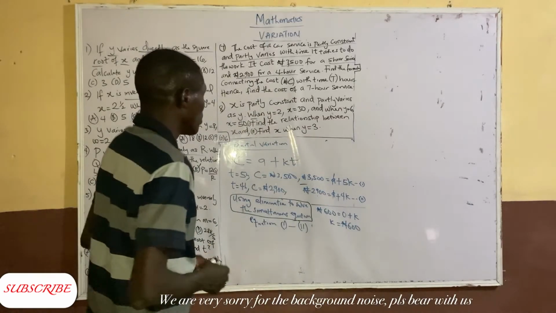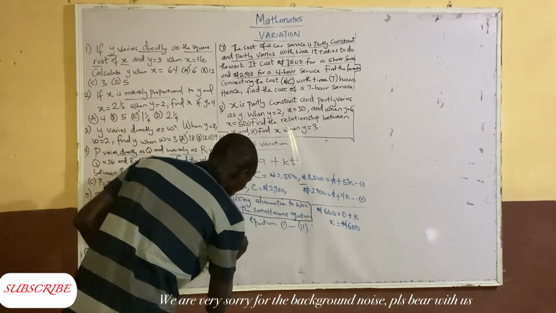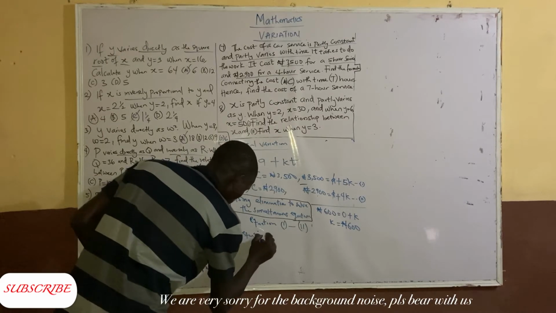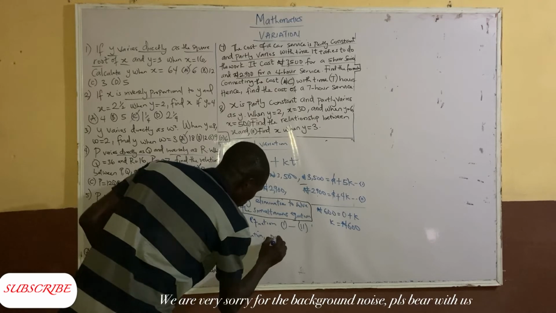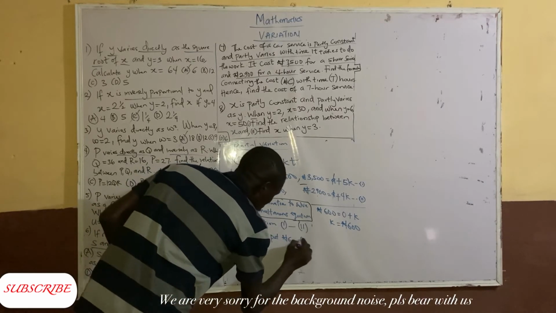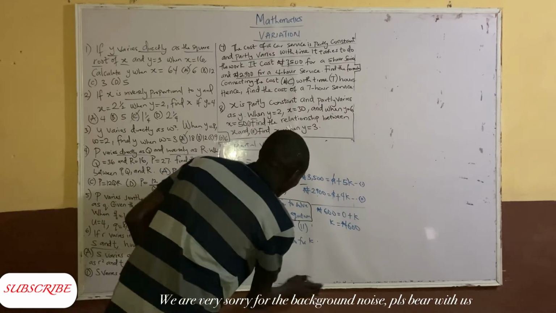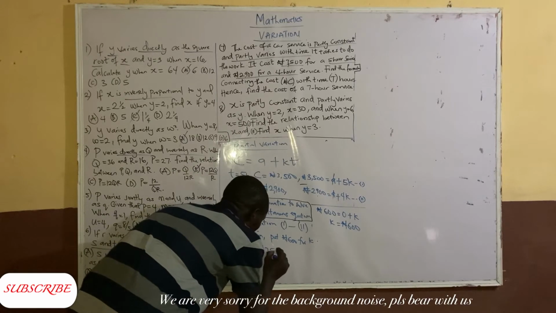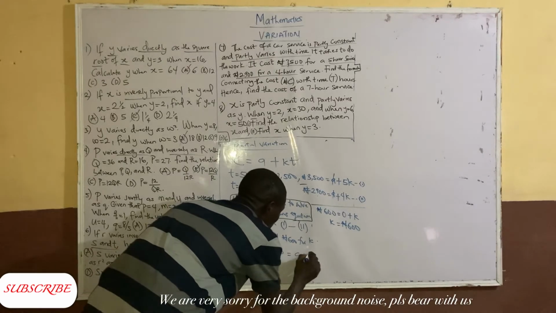So you can now calculate. In equation 1, substitute 600 naira for K. Equation 1 is 3,500 equal to A plus 5K.